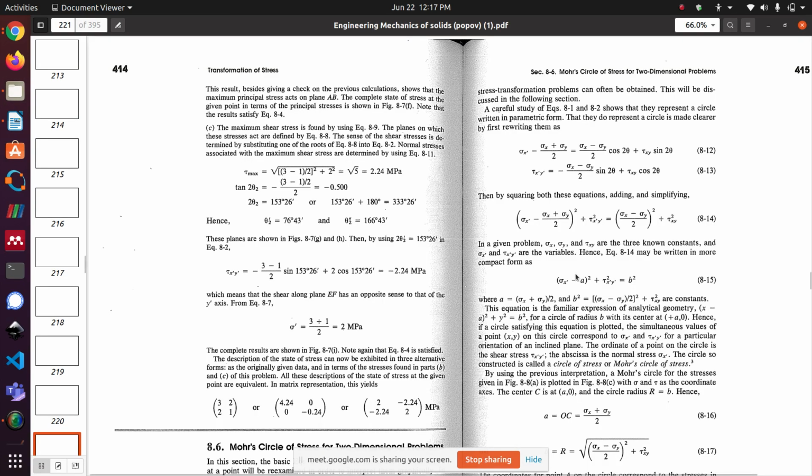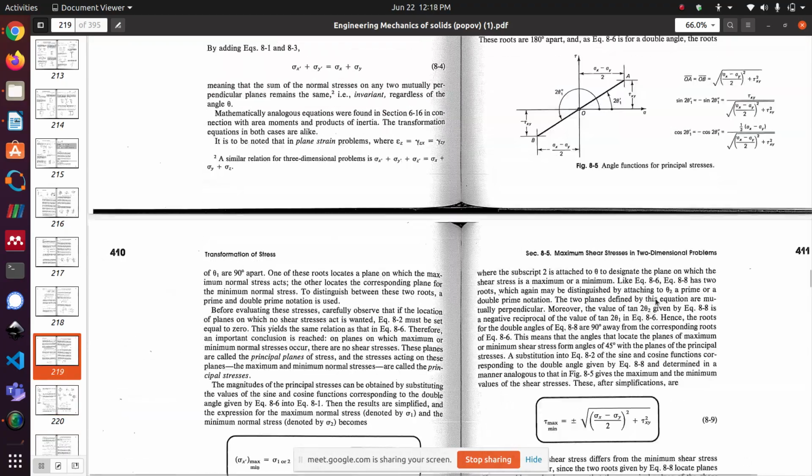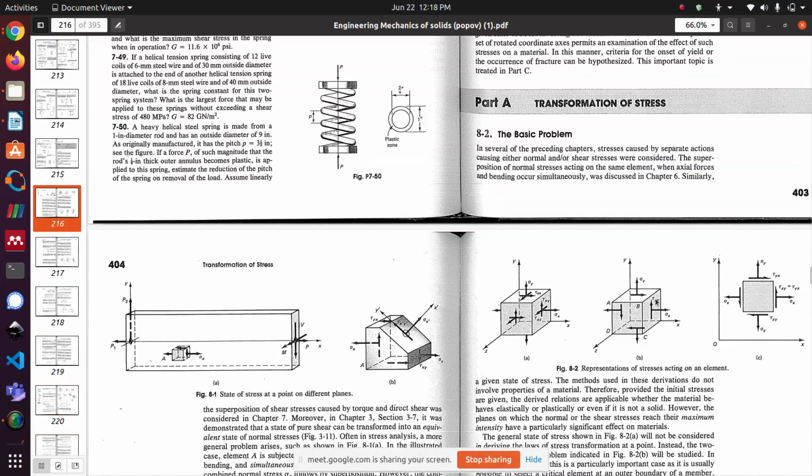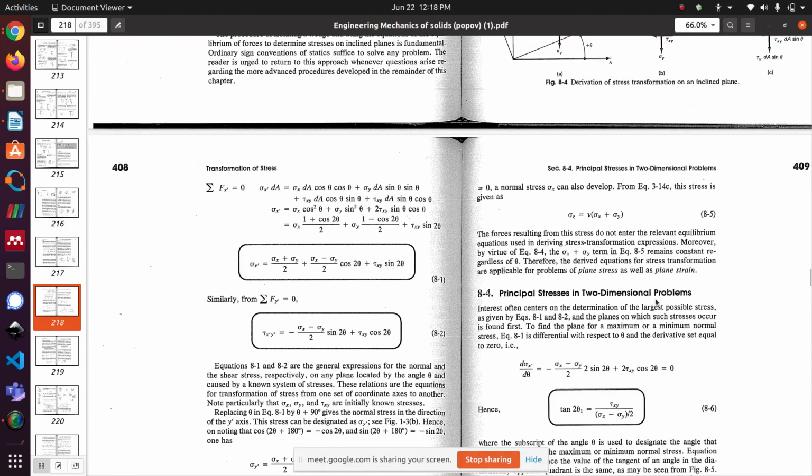Okay, so in case we need some figures, we can take them from here. It's very difficult to draw figures on the computer, I mean manually by freehand writing, so I'll take some images from here.